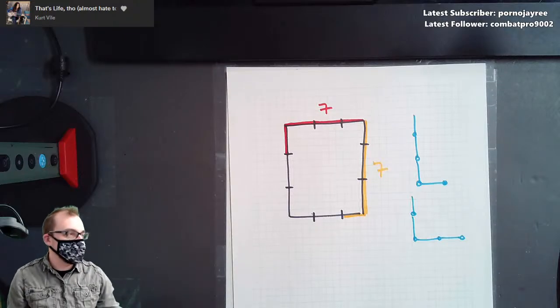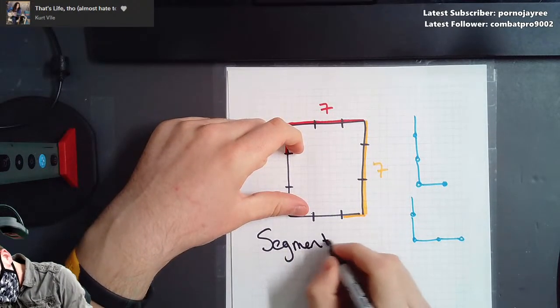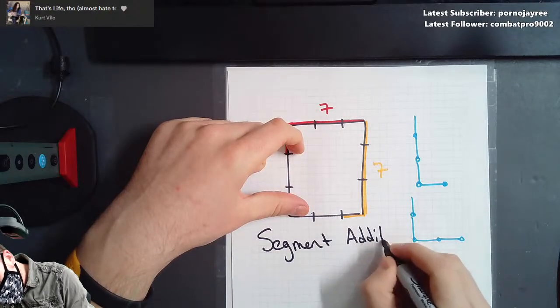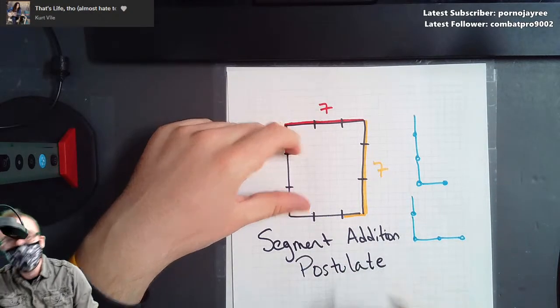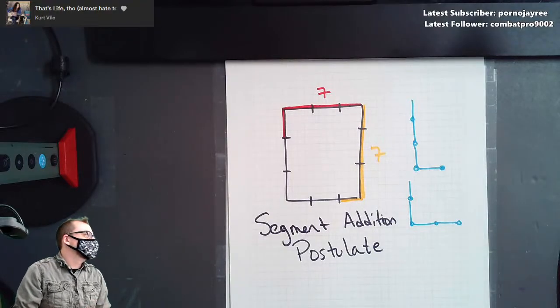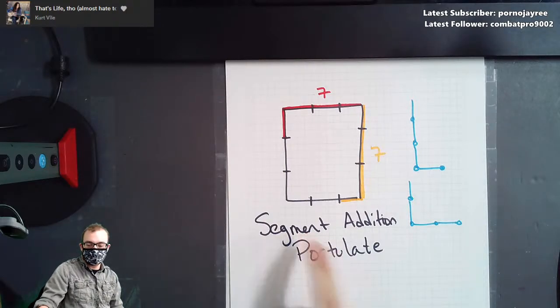Ladies and gentlemen, what we are talking about is called the segment addition postulate. Whoa. Segment. When I say segment, you know what I'm talking about, right? A piece of something, right? These are what kind of segments?